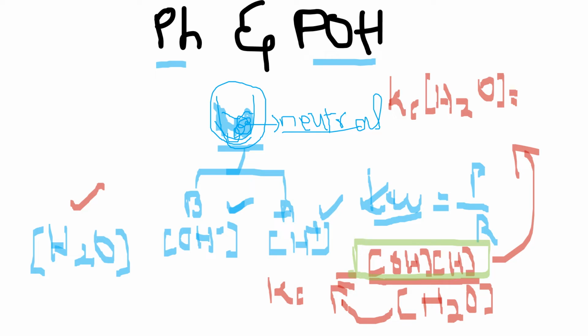Now we know that this content combined is known as Kw. As I told you, it is the equilibrium constant.